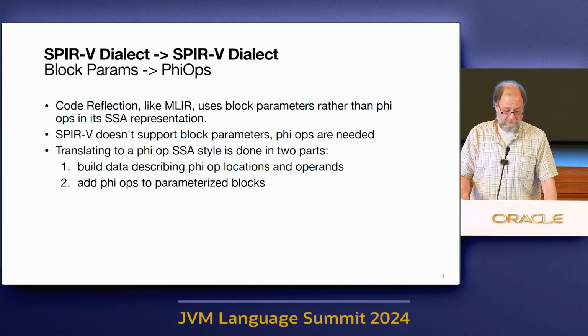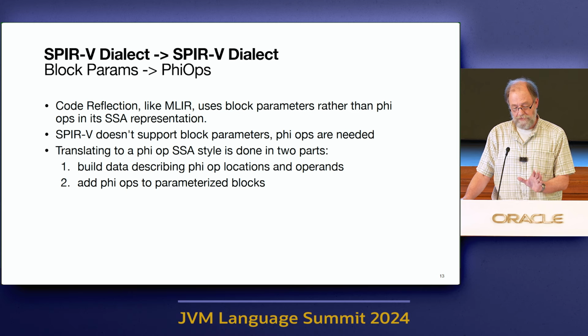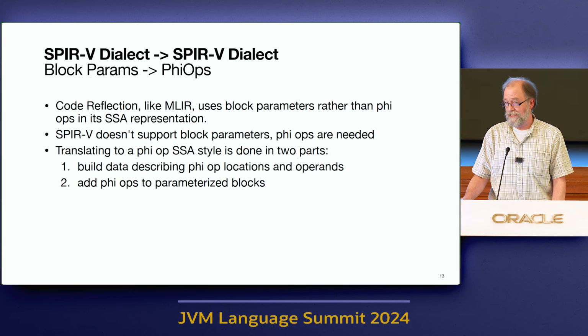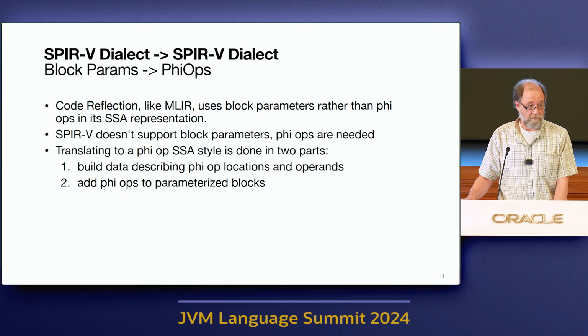So another difference between the SPIR-V dialect and the code reflection dialect is that, as Paul explained, the code reflection uses the block parameter of SSA representation, and SPIR-V uses PHI ops. It doesn't support the block parameter style, so at some point we need to convert from one to the other.